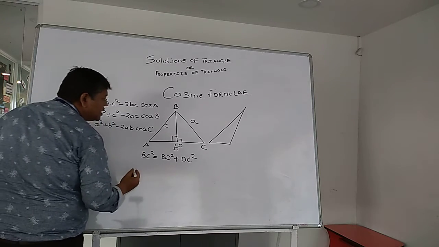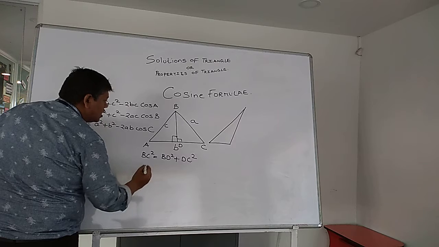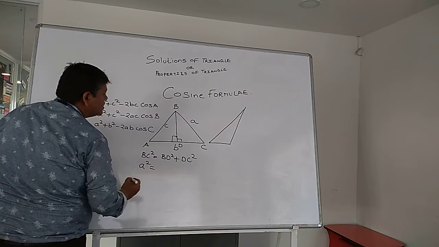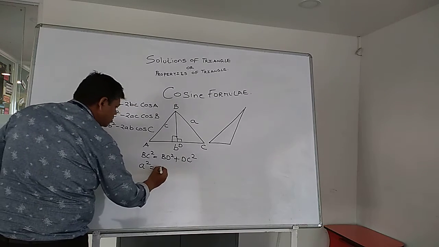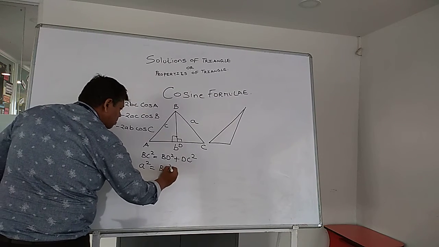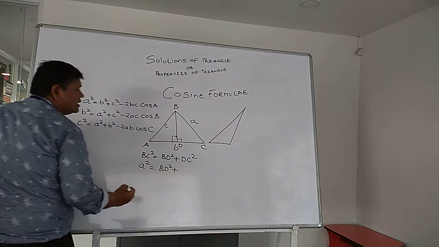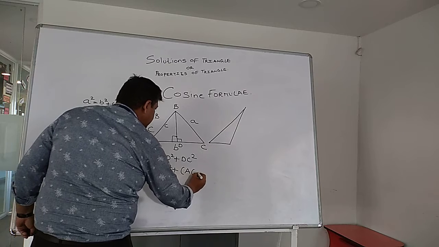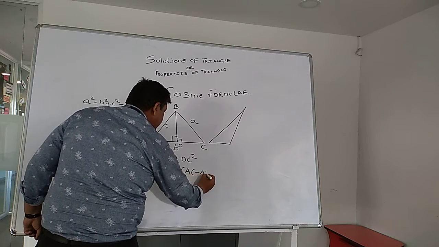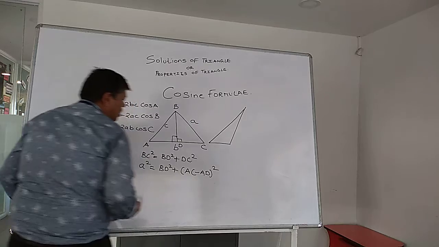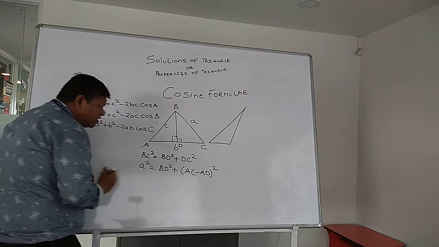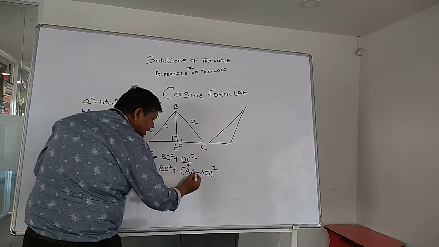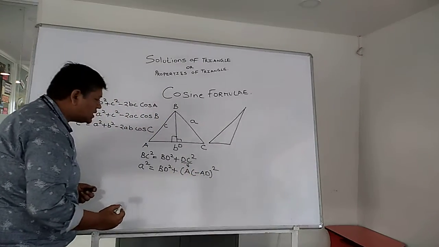Now substituting the values, I get BC square, that is a square, is equal to BD square plus AC minus AD the whole square. Please see to it. What I have done is I have resubstituted the DC part as AC minus AD the whole square.